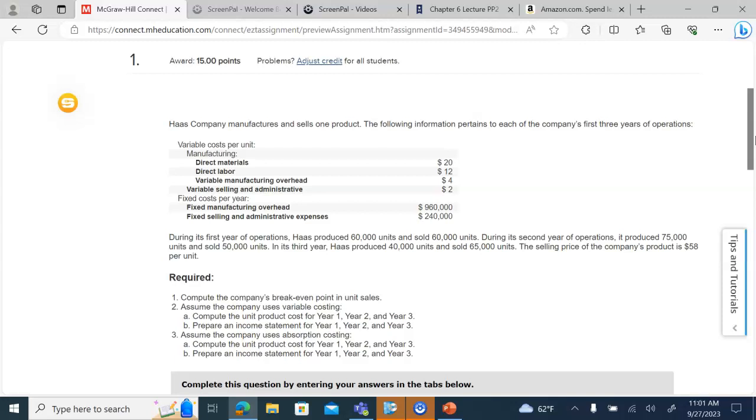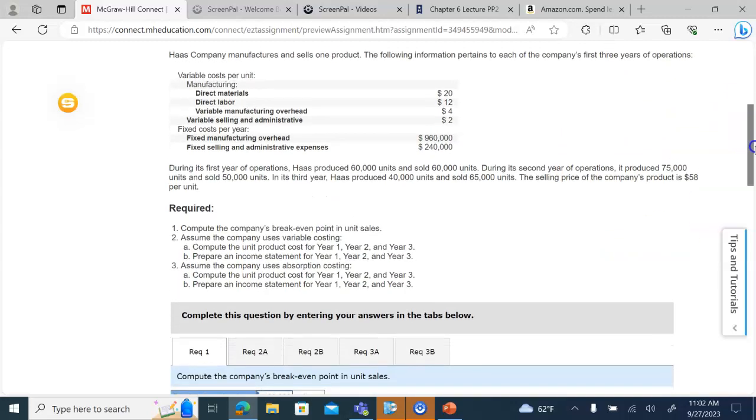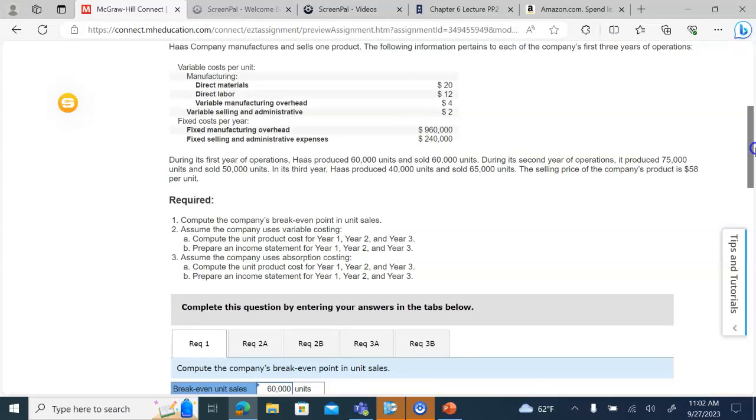Calculate the break-even point in unit sales, and then assume the company uses variable costing. Compute the unit product cost for year 1, year 2, and year 3. Prepare an income statement, and then assuming the company uses absorption costing, compute the unit cost in year 1, year 2, and year 3.